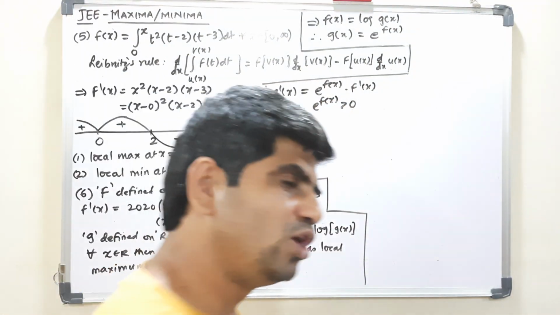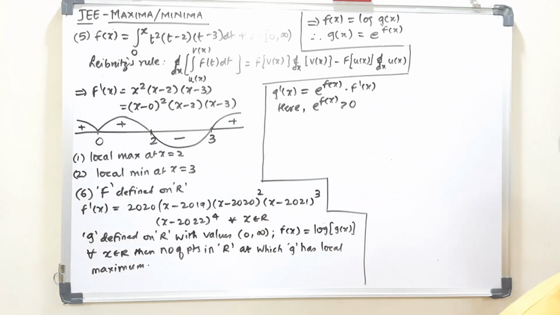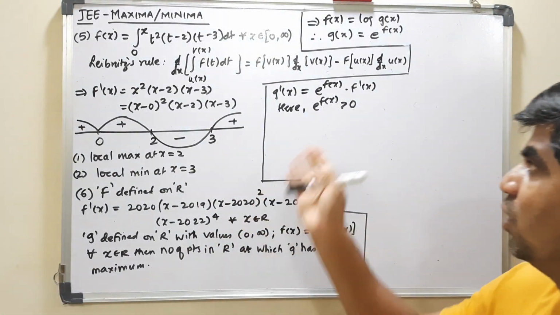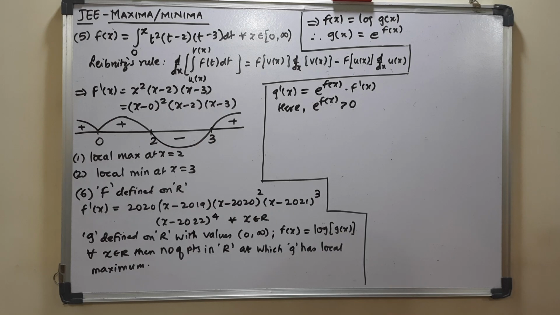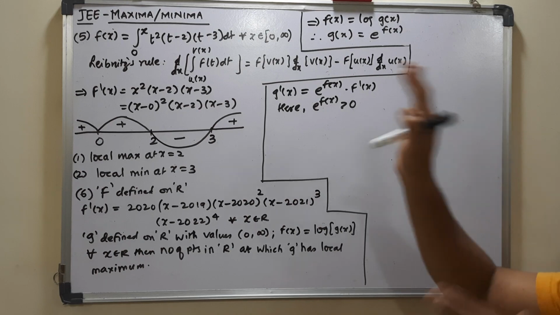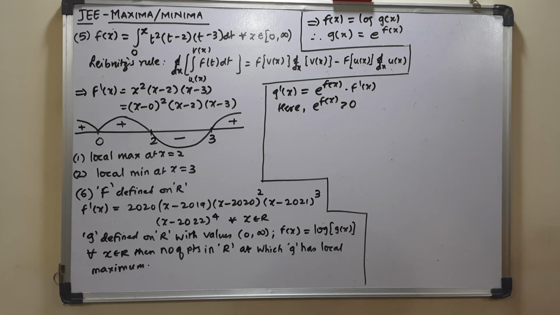It cannot be equal to 0, it will be only positive. So if it is positive, the game changes only with f dash x. The behavior of f dash x will be the behavior of g dash x, right?